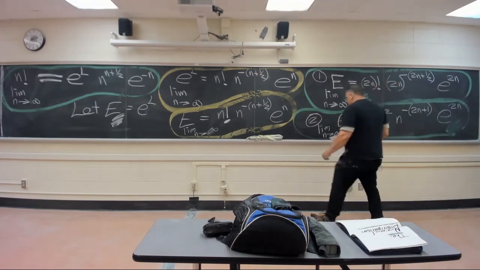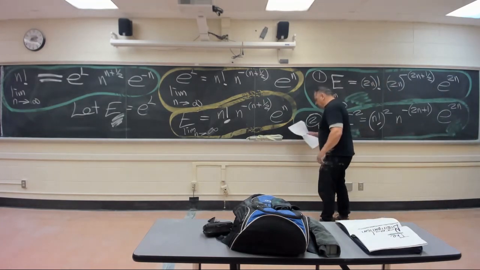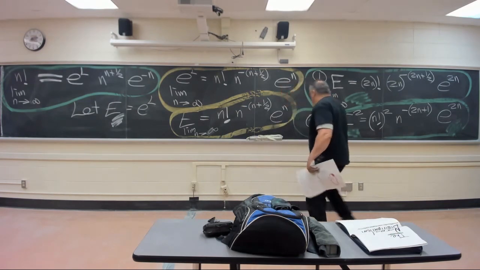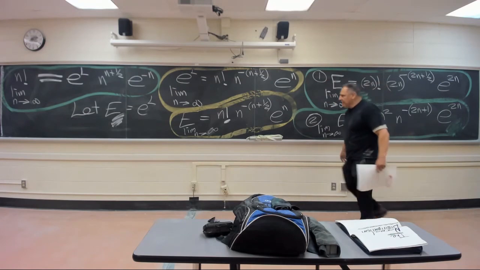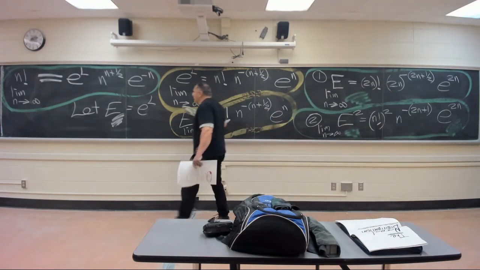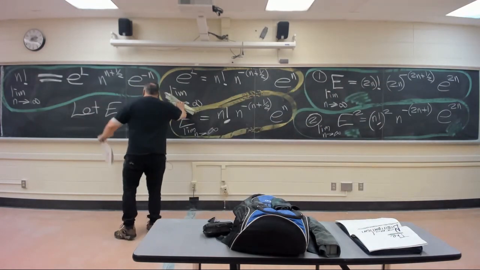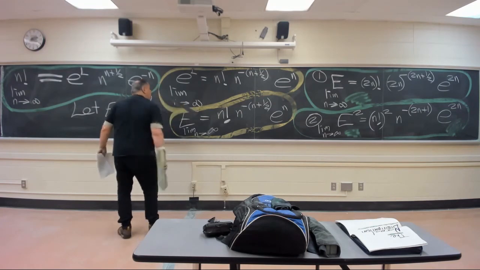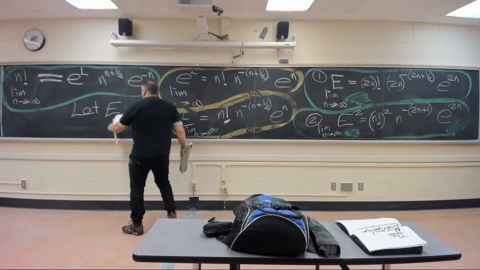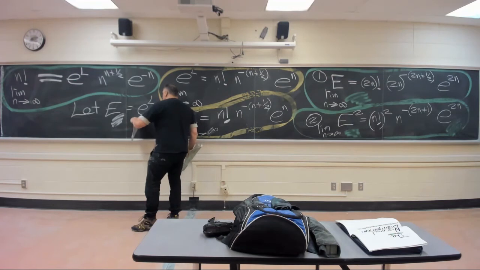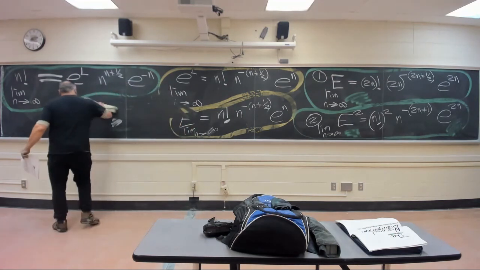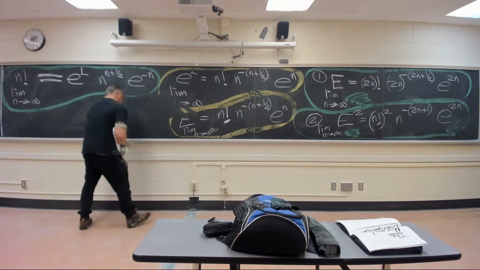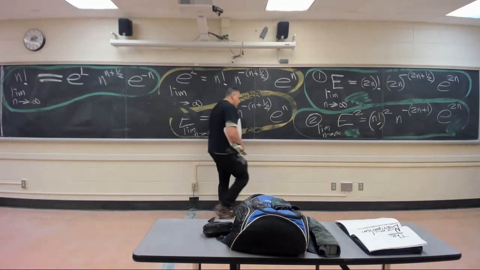Okay. Now what? Take equation 2 and divide it by equation 1. And I'm going to leave that there. Man, there's a lot I'd like to leave, but we know that E is equal to E to the L. So let's see what we got here.